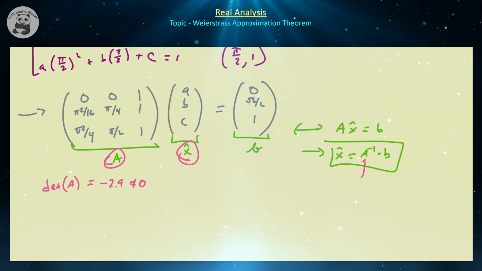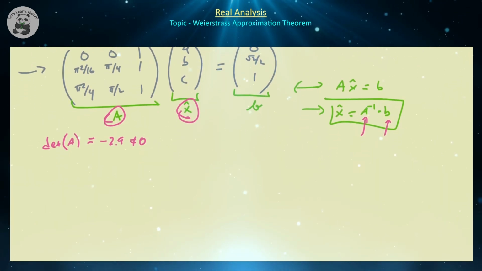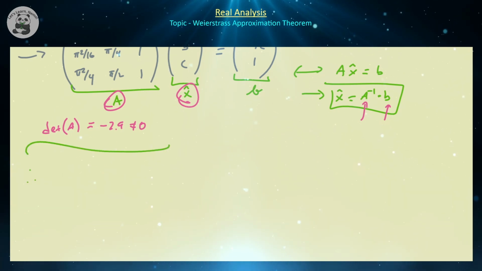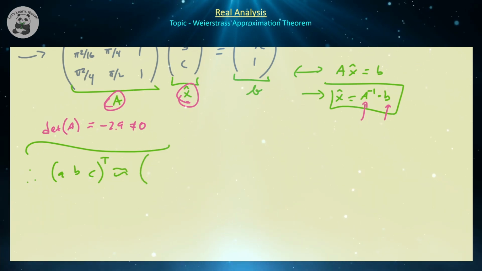So once you actually find your matrix A inverse and multiply it by your vector B, then you're going to have your numerical solution. And one can find, either by hand or with computer software like R, MATLAB, or Python, or whatever you prefer to work with, your solution vector a, b, c is going to be approximately equal to negative 0.1119, 0.9882, and 0.